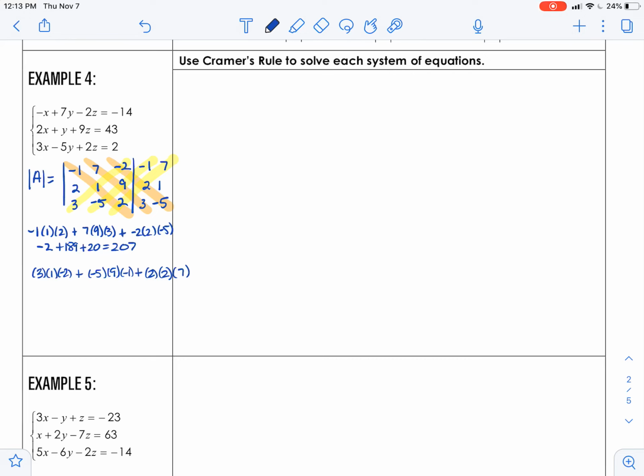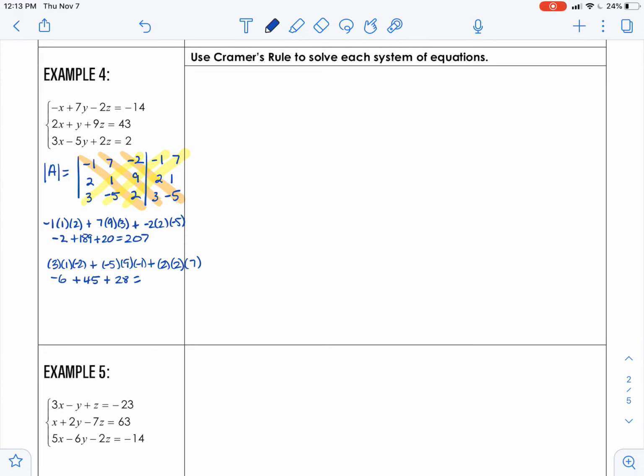So that's going to give me a -6 plus 5 times 9 is 45. Watch your signs and everything. And then plus 28. So we're going to add all that up. So 45 and 28 minus 6, 67.